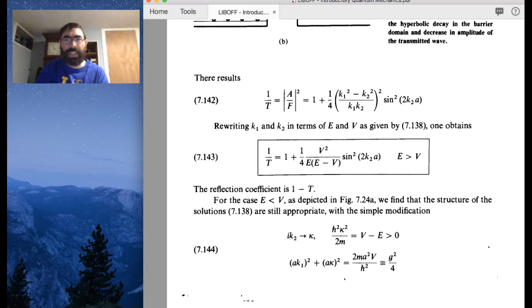But the equations are a little easier to calculate, and what you find is you get something that looks like this, once you've squared that ratio of normalizations, which you can then rewrite, and he's already boxed it off here, as one. Now he's changed the k's, these wave numbers, into energies, and you get something which is, again, more manageable to understand. The fact that 1 over the probability is equal to 1 plus this term, where the sine squared is going to be a ratio less than 1.